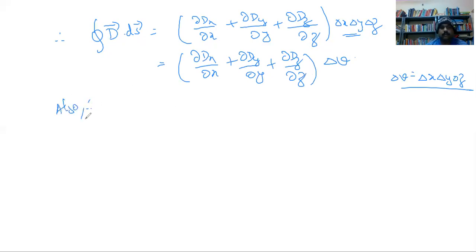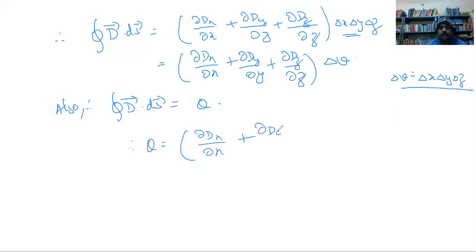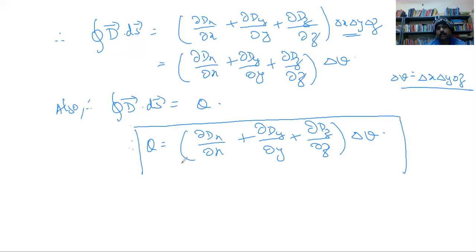So therefore, also we know that the integral D dot dS is nothing but Q. So Q is nothing but dou dx by dou x plus dou dy by dou y plus dou dz by dou z into delta v. This is an alternate form of Gauss law.